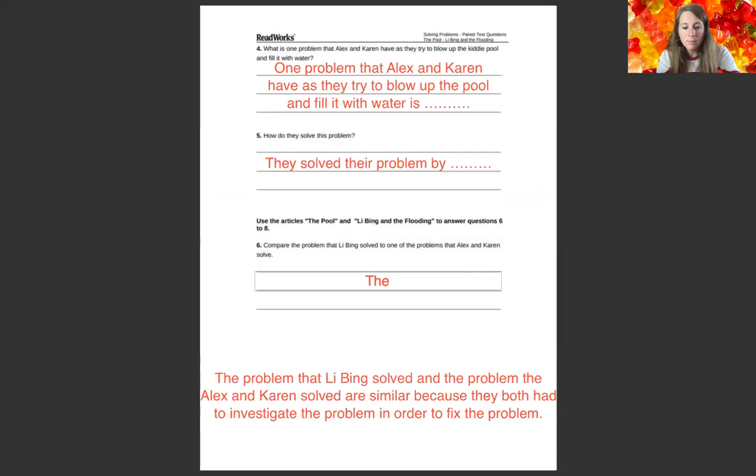The problem that Li Bing solved with the flooding is similar to, what problem is it similar to with Alex and Karen, the flooding? What do we think?